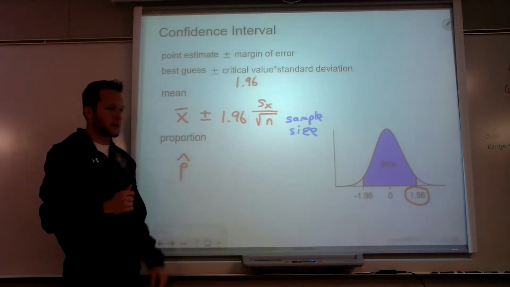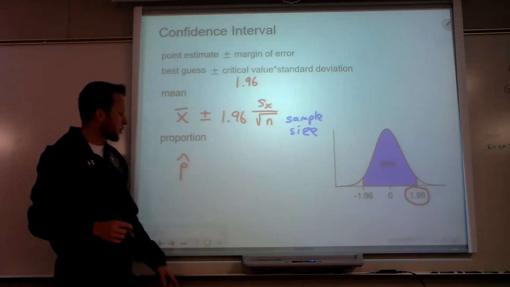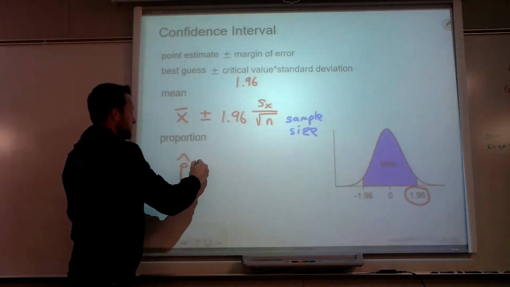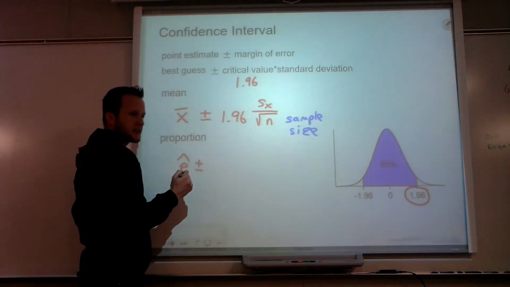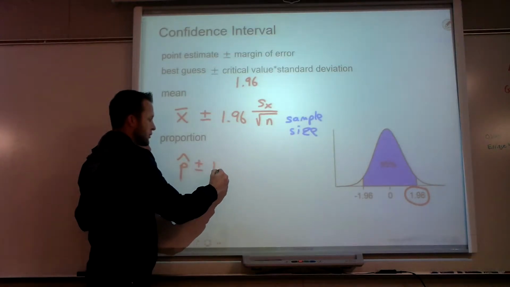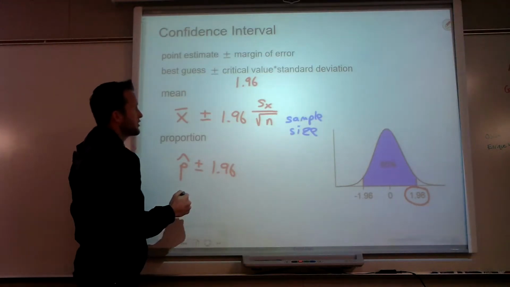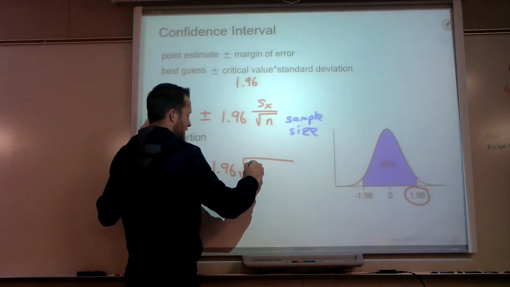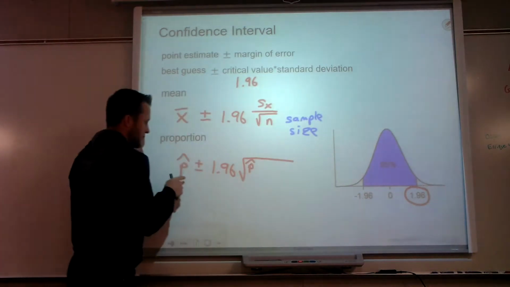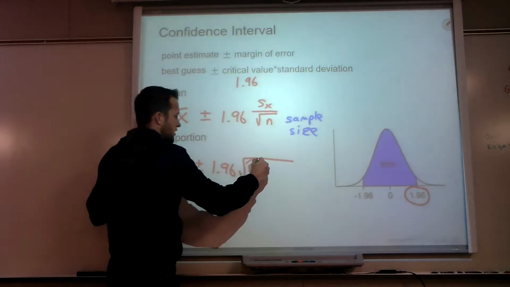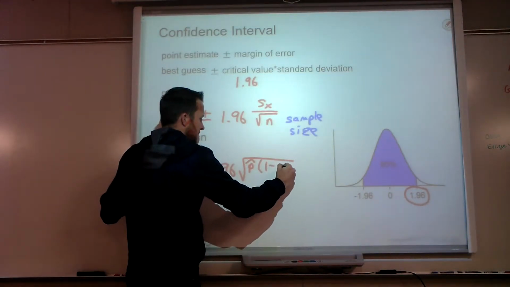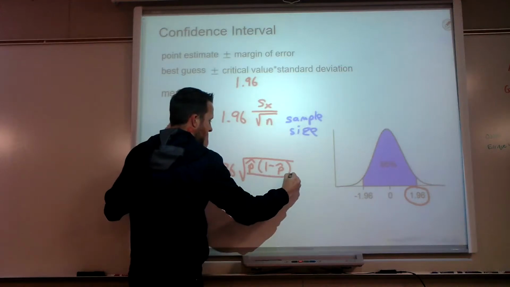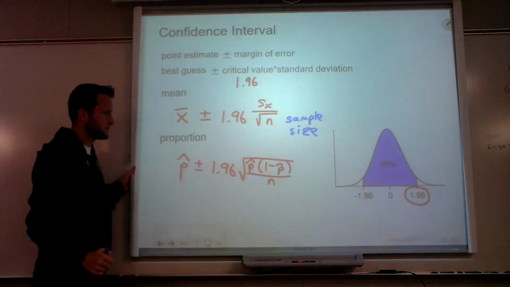Okay, that's our formula. When we're working with proportions, our formula is going to have some similarities and some major differences. We're still going to use 1.96, but to calculate the standard deviation of the statistic, we're going to have the square root of p hat. Remember, that's this guy right here. And we're going to do 1 minus p hat, and then we're going to divide that all by n.